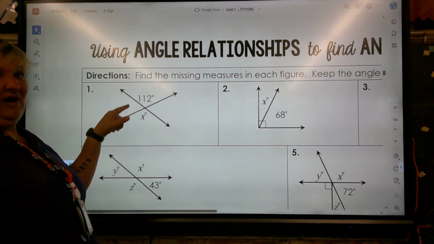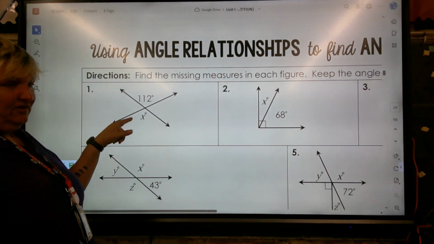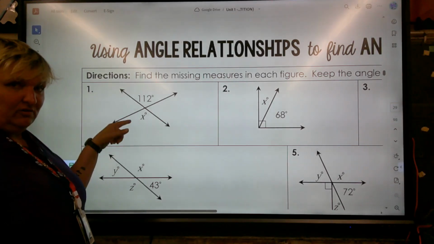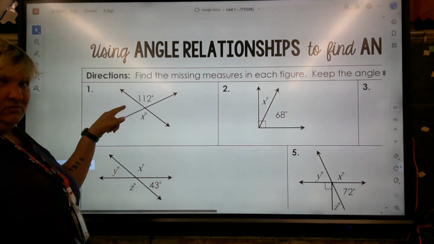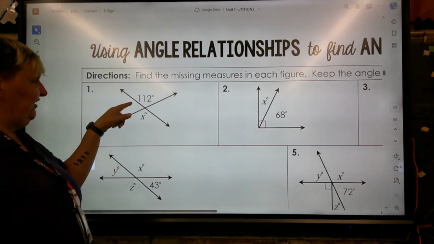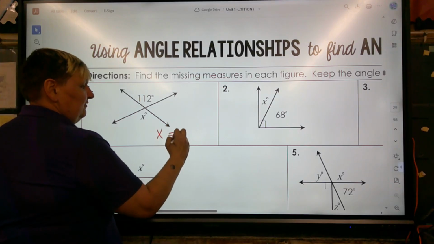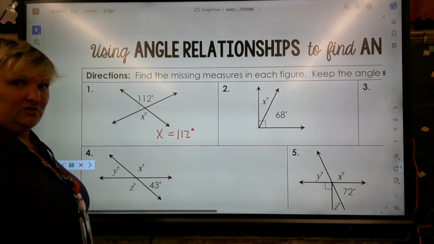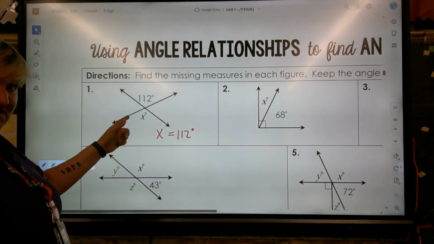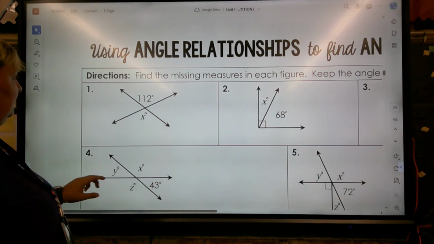What do we know about angles across from each other? They're vertical angles, which means they're equal, they're congruent. If this is 112, this has to be 112. Use what you know to find the missing information, right?